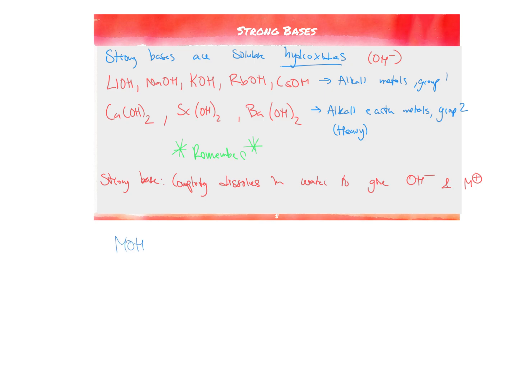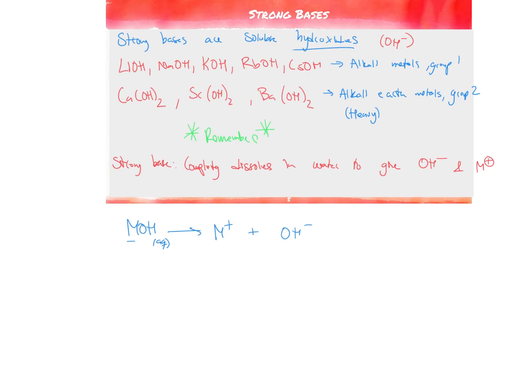If you have MOH, which is what we have, it's our metal plus an OH, that is going to dissolve completely to make M plus and OH minus. And additionally, if it's the alkaline earth metals, the group 2 ones, you get M(OH)2. That will completely dissolve to, again, get M2 plus and 2 molecules of OH minus. By definition, these will completely dissolve to form these. They do not partially dissolve.